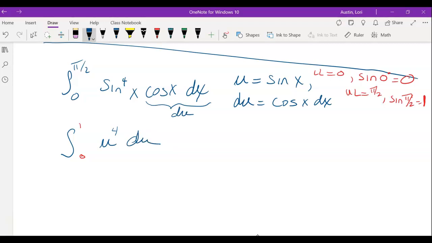So I just took a complicated trig integral and turned it into a simple u integral. That's all you need to work with now. You're done with that top one. Isn't that great? We just got rid of trigonometry in one step. What's the integration of u to the 4th?